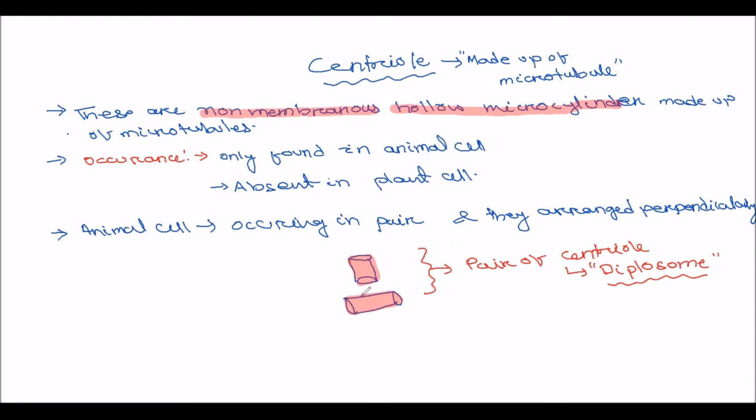Okay, and around this diplosome there is presence of some amount of cytoplasm, a semi-fluid substance around the diplosome, and this substance present around the two centrioles makes a new structure.